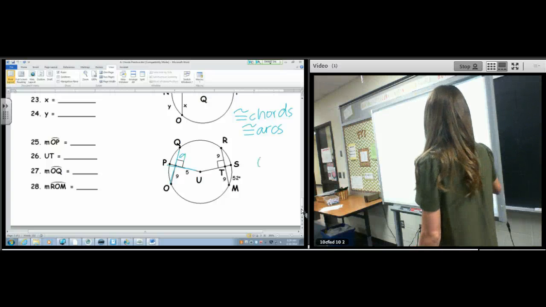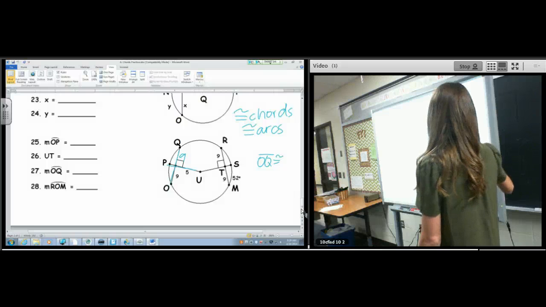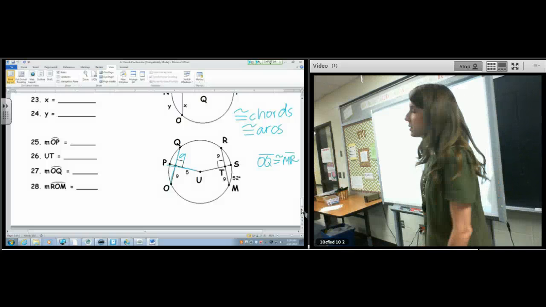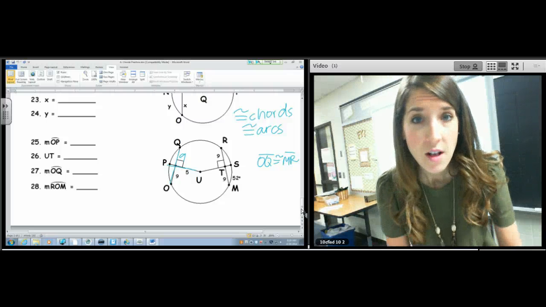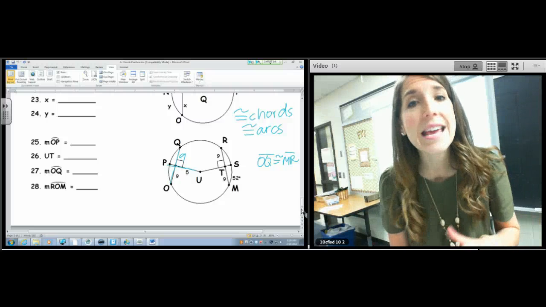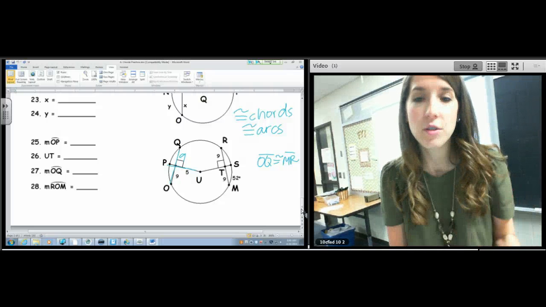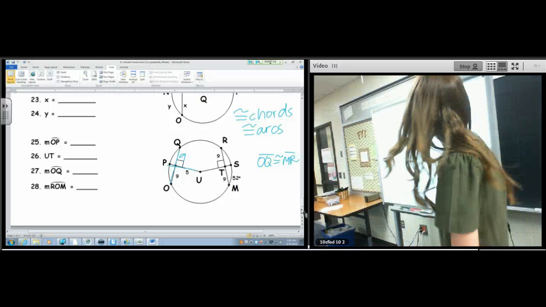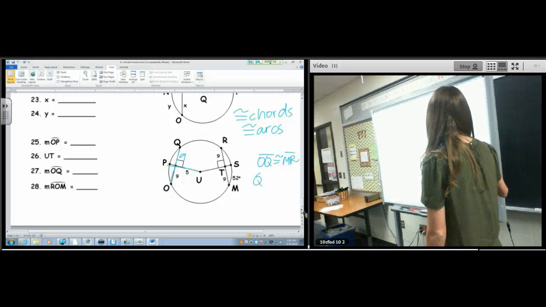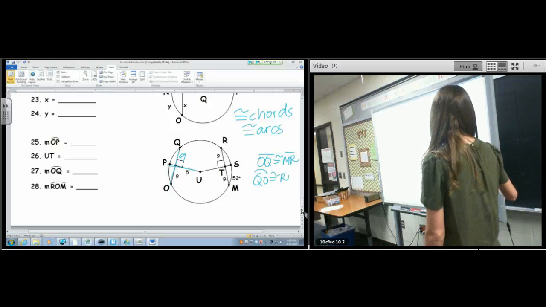Now we know OQ is congruent to MR because both of those segments are 18 units long. Since both of those are 18, they're congruent chords. Congruent chords intercept congruent arcs. So now we know that arc QO is congruent to arc RM.